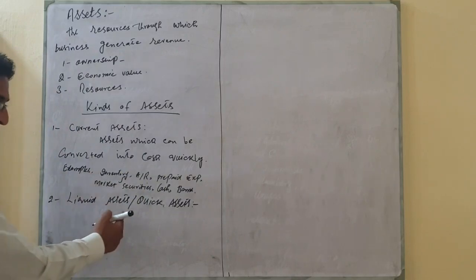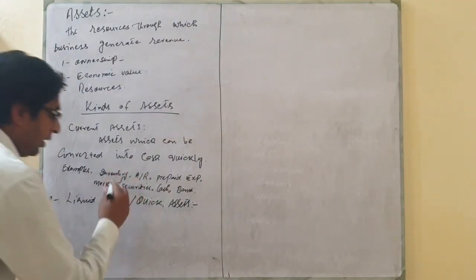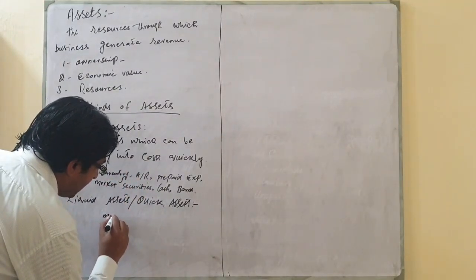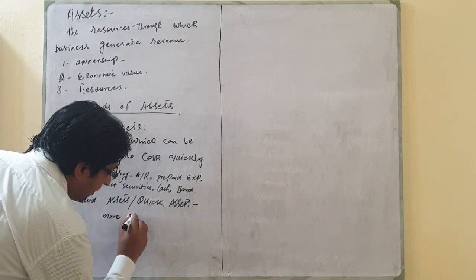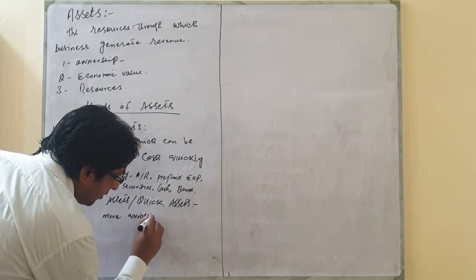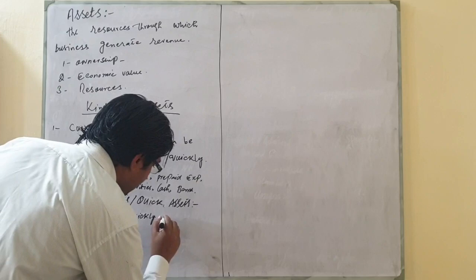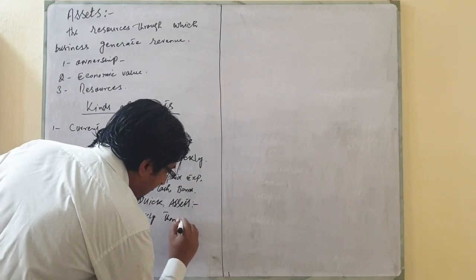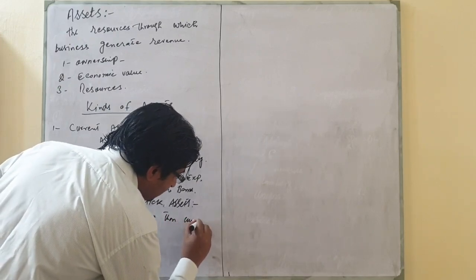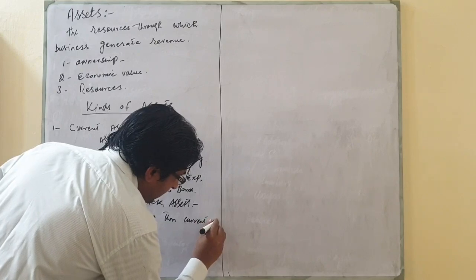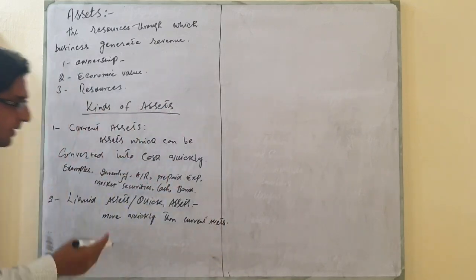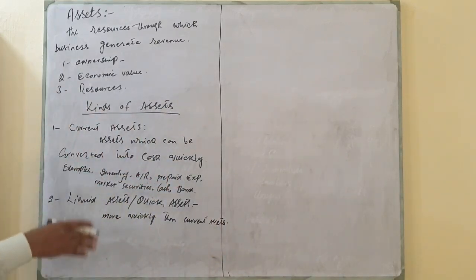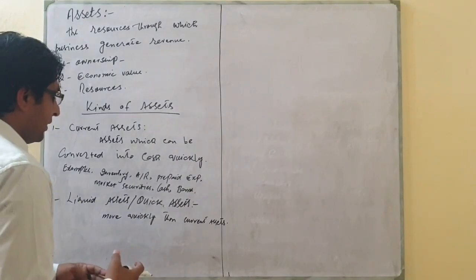These liquid assets can be converted into cash more quickly than current assets. They are either in the form of cash or they can be converted into cash more quickly.